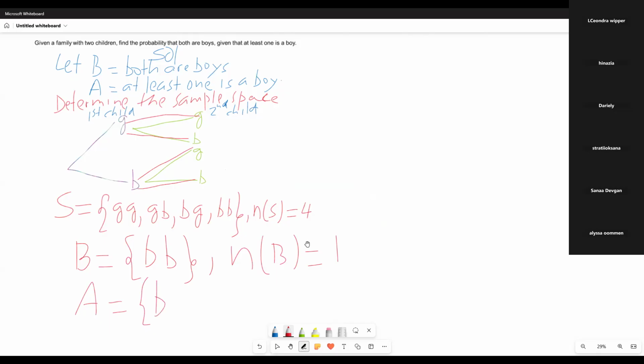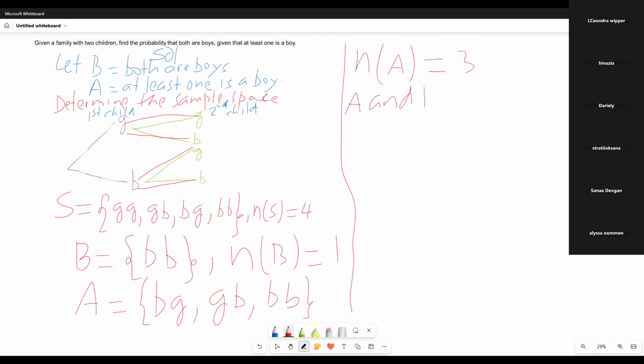It can be BG, GB, or BB. So N of A will be 3. A and B will be just boy, boy. So N of A and B will be just 1.